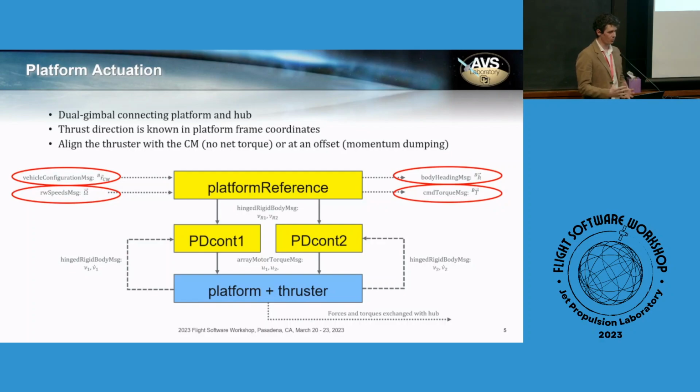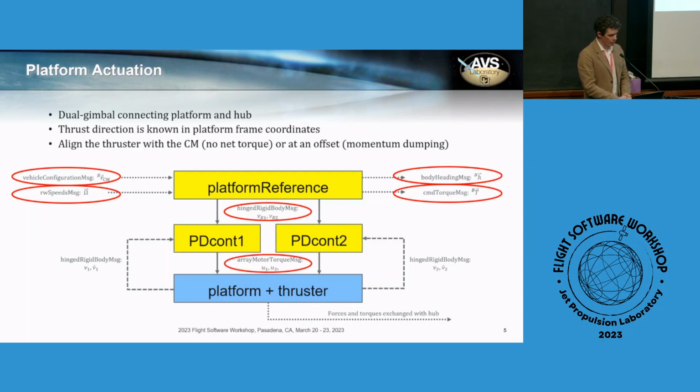But what is happening within this block of code? The module that I call platform reference here is computing reference angles for the platform. So it's saying, in order to satisfy those requirements, you need to provide these two tip and tilt angles, tip and tilt, that are fed into these two PD controllers. Very simple. No need to describe a PD controller, I hope.